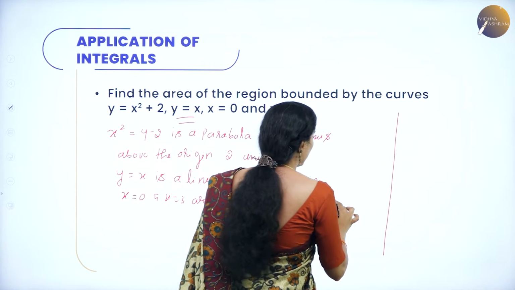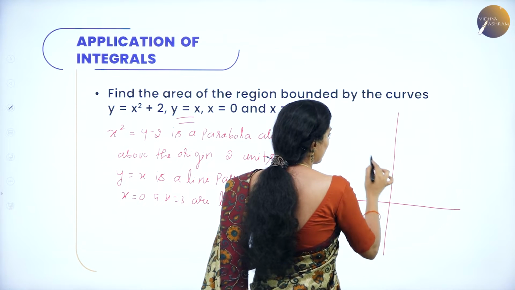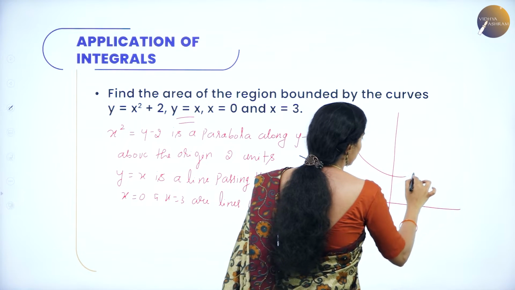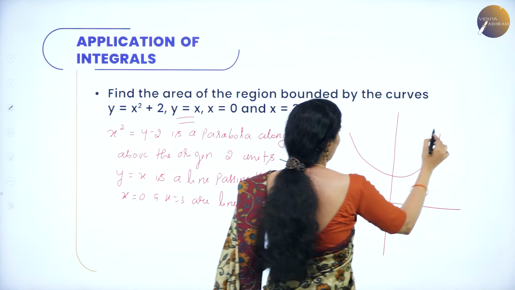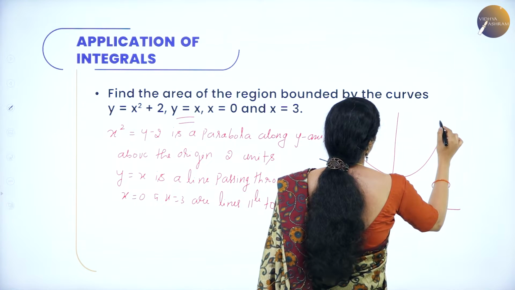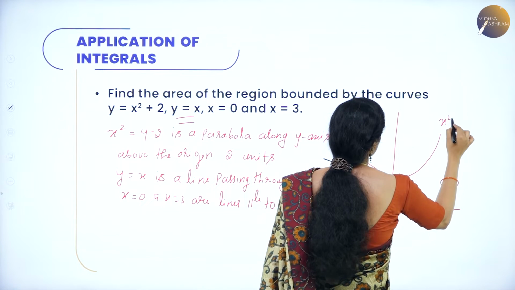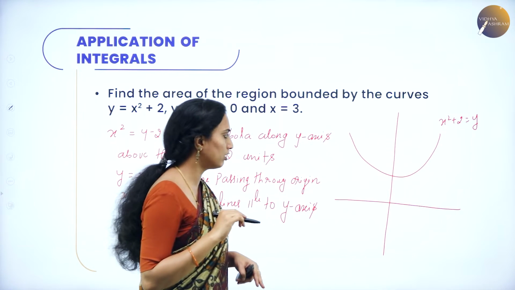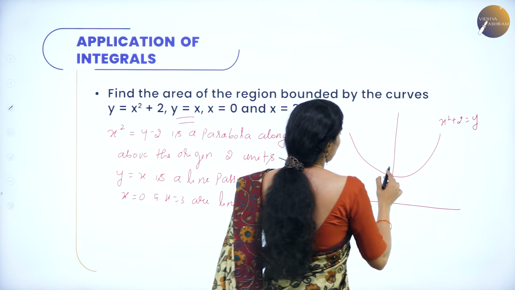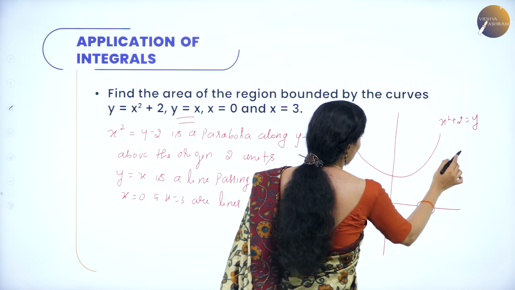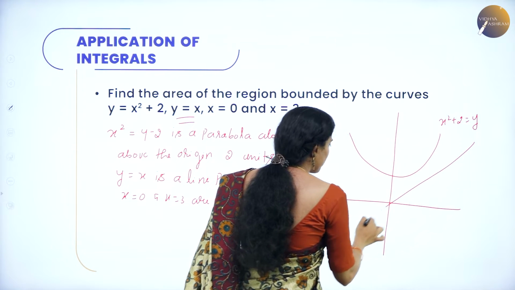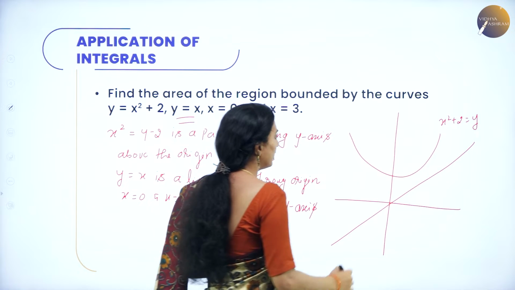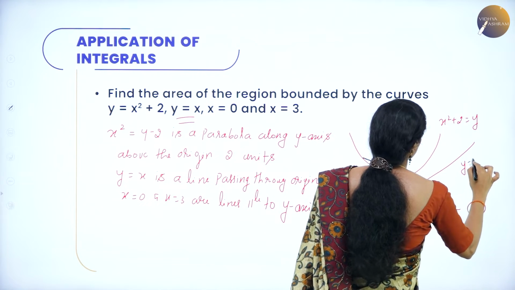So this is the diagram I can have. This is above the origin, which is 2 units. You can draw the parabola, y is equal to x squared plus 2, or x squared is equal to y minus 2. And then you have a line passing through the origin, y is equal to x.